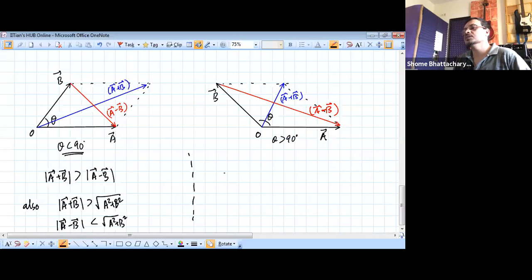Whereas the moment theta becomes obtuse, it is the other way around. A minus B is greater than A plus B in length.